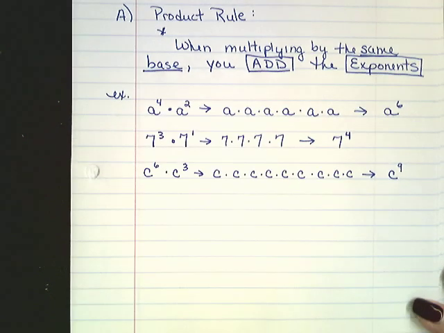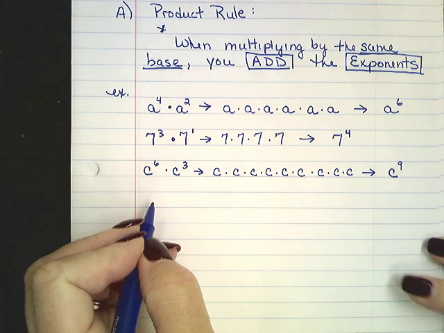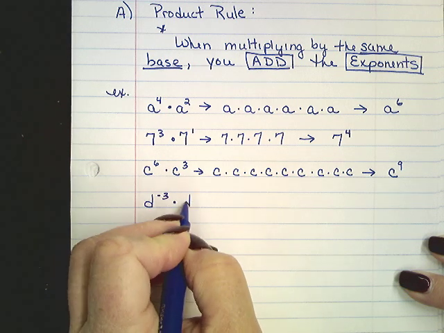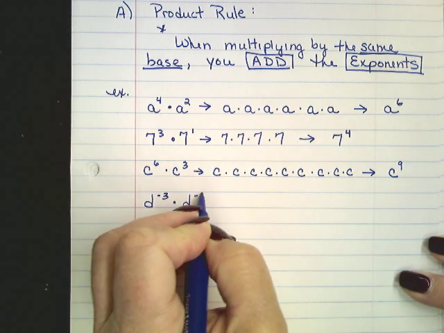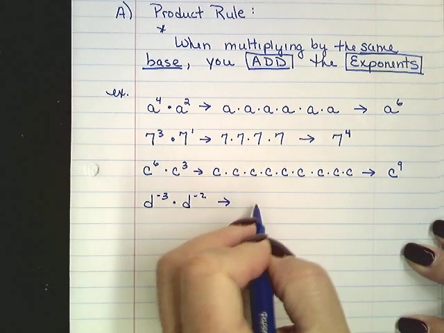Okay, I'm going to do a few more examples with you, and then we'll go to the next rule. So if we have d to the negative 3 times d to the negative 2. Okay, it's the same base. Now I'm not going to bother to expand these out because I know the rule now. I know that if I have the same base, I'm going to add those exponents.